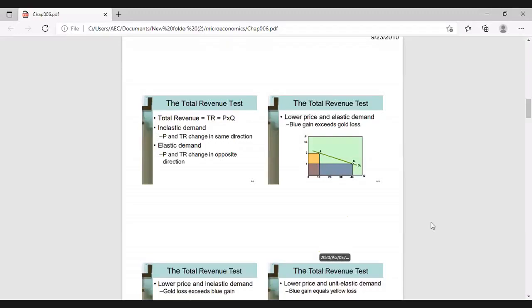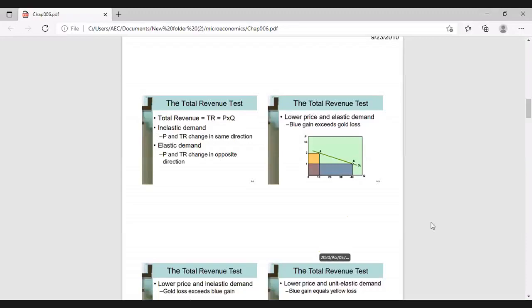Now inelastic demand. For some products, when the price increases, consumers will not reduce their quantity purchased much, because it may be an essential food. The price increases, but they reduce the quantity only a little.